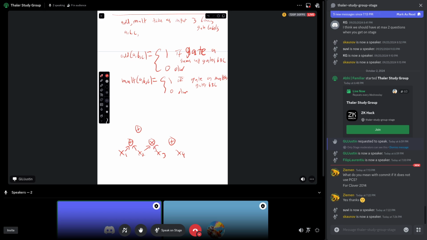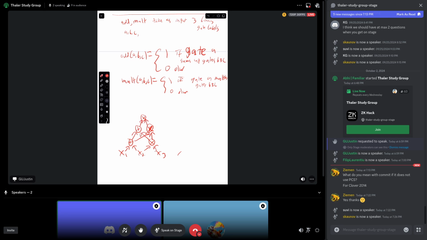Okay, let me just make 1 output gate. All right, so here's our circuit.